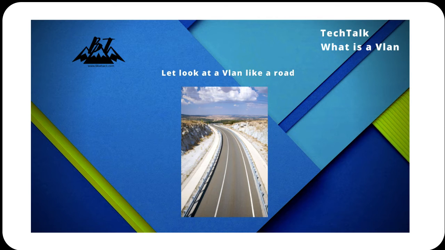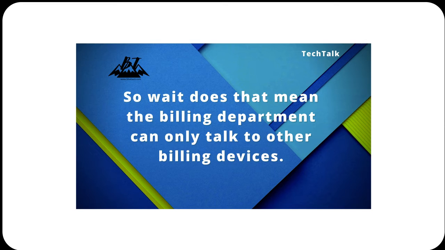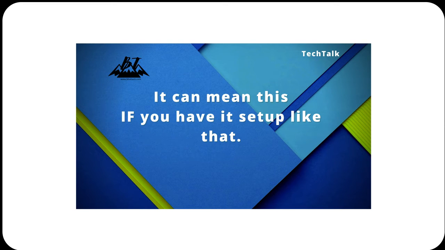As soon as it says, oh wait, this traffic is not for the billing department, it drops it and doesn't send it to those ports. So you can literally cut your network traffic in half, because it doesn't have to go looking around saying, hey, where does this go? It already knows. If it's on this VLAN, I'm not going to pass that traffic from the sales department to the billing department, because they don't need that traffic. They don't care what's going on in the sales department. Easy and simple.